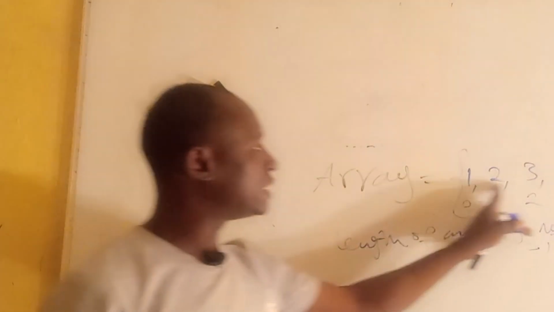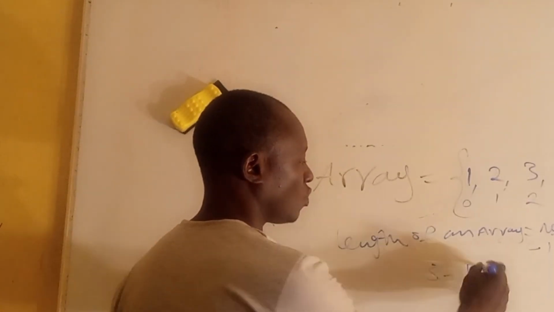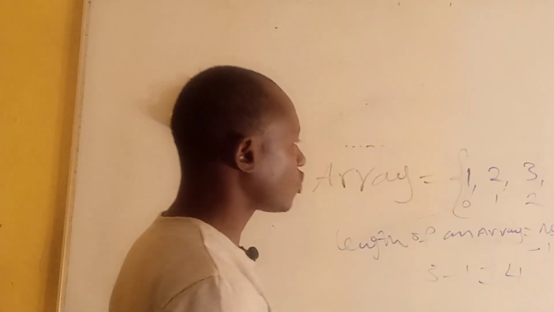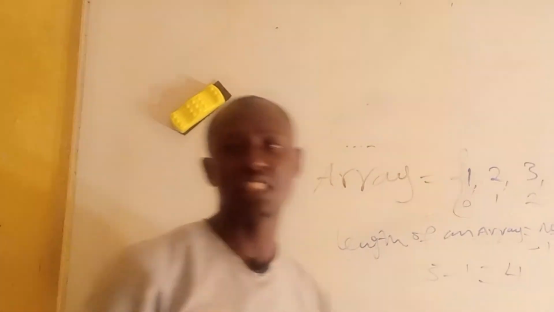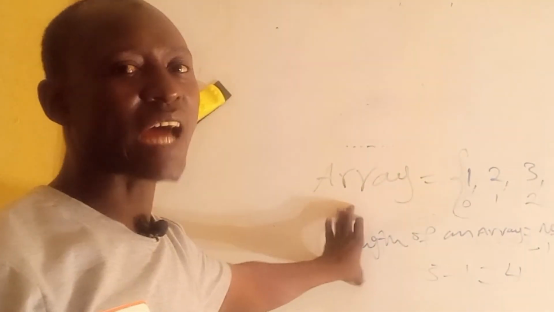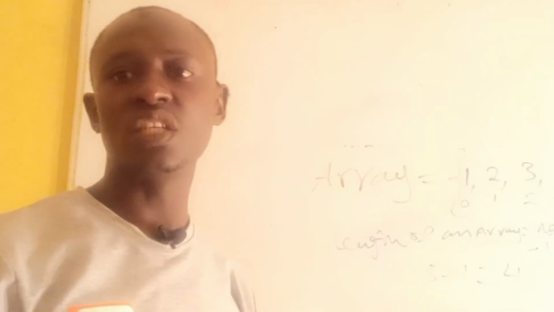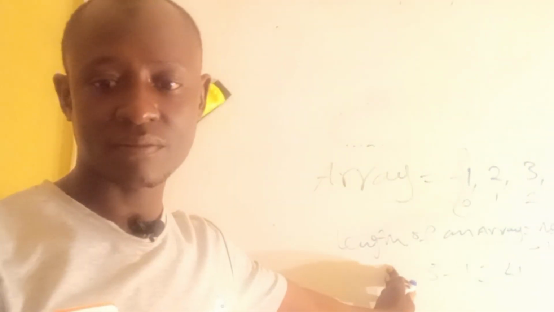There are 5 elements, 5 minus 1 leaves us with 4. Are we together? And this is determined as soon as the array is declared.